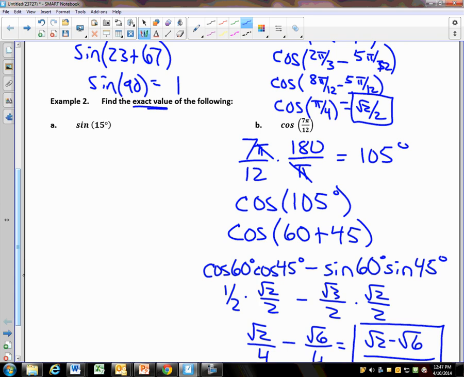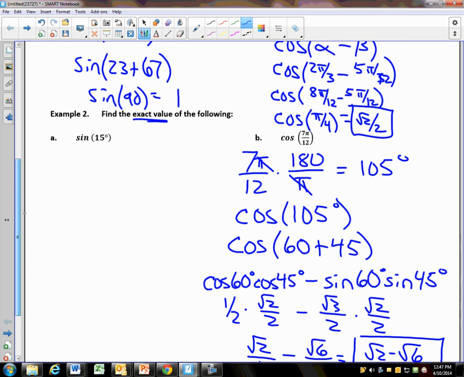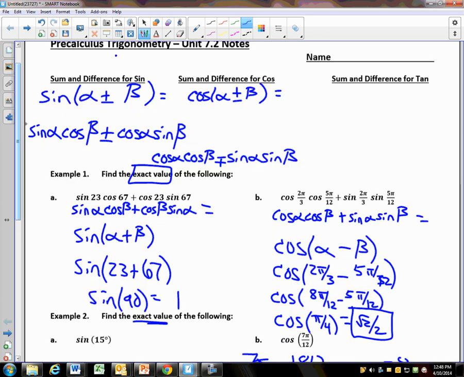I had to choose 60 plus 45 because 60 minus 45 would give me 15, and I want to know what the cosine of 105 is. Right here? Well, this sign in the formula says plus minus, and this says minus plus.